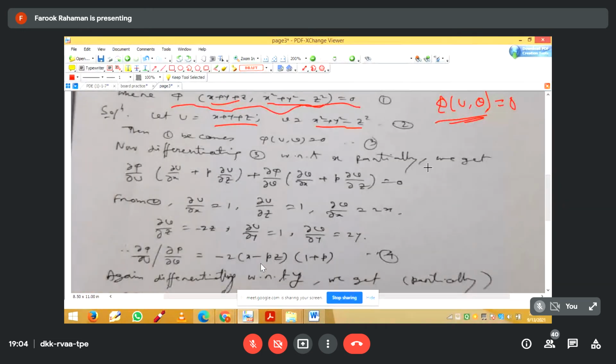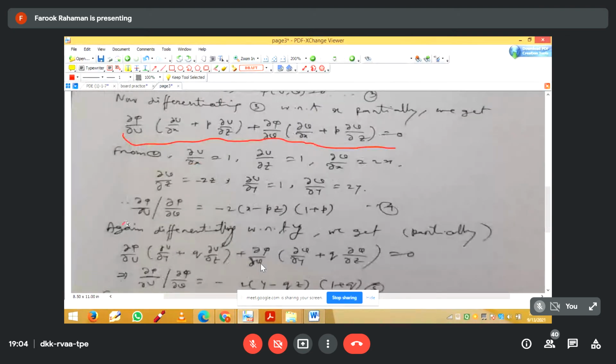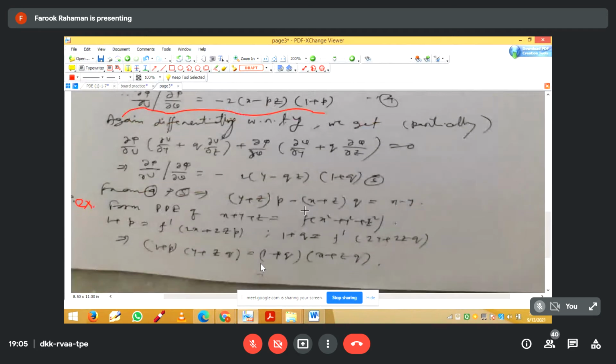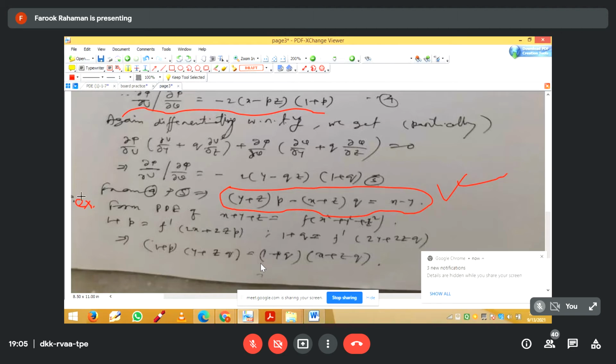In this case, we take the partial derivative with respect to x using the chain rule, and similarly the partial with respect to y. By using the chain rule and eliminating, ultimately we get the partial differential equation. So two ways: either use the formula directly, or derive it yourself. This type of problem will come in the same way. This is another example, and so on.